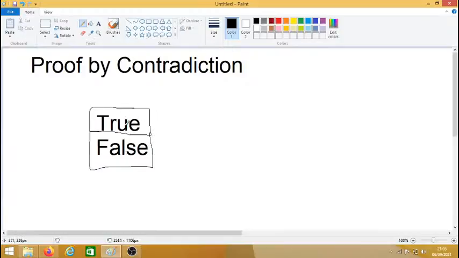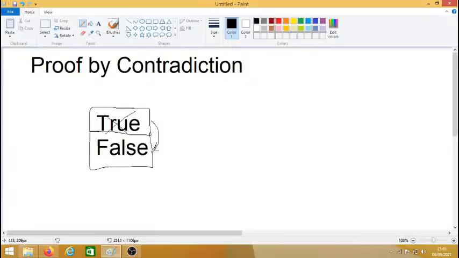If what we had started with was really true, then everything would be true afterwards. And if we end up with something that's false, then we know that what we thought was true to begin with couldn't have been true. It has to be false. So that's the kind of contradiction that we'll see in the following example.